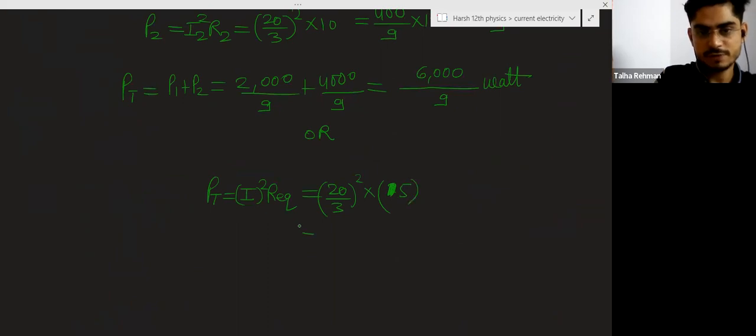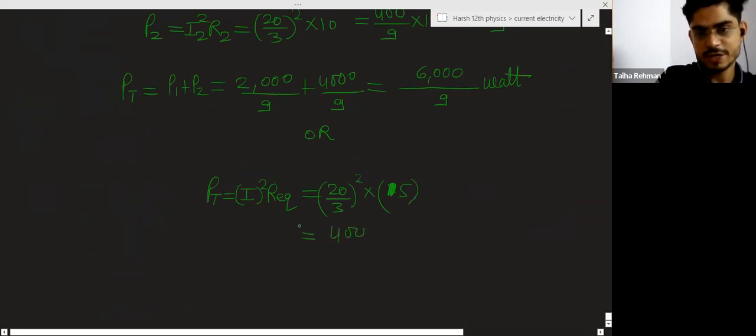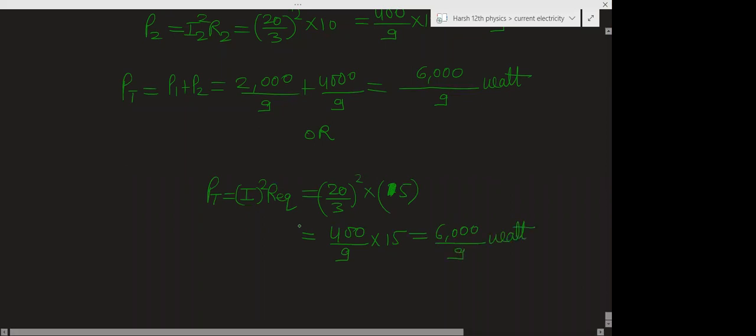So now this will become 400 by 9 multiplied by 15. This will become 6000 divided by 9 watts. See, the answer is the same from both the methods.